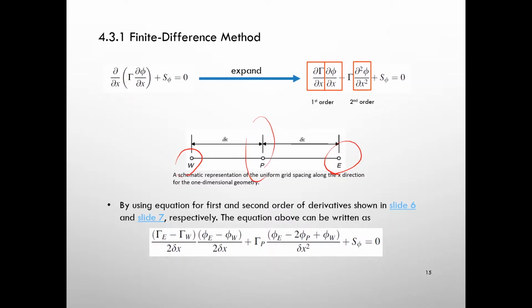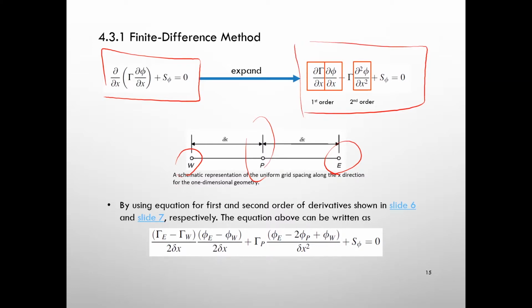The diffusion term that we saw before can actually be expanded into this, and from the expansion, there are two first order terms on the left, and we also have a second order term. By using the equations for the first and second order derivatives, which we discussed in the finite difference method in slide 6 and slide 7 respectively, the equation above can be written as these equations.